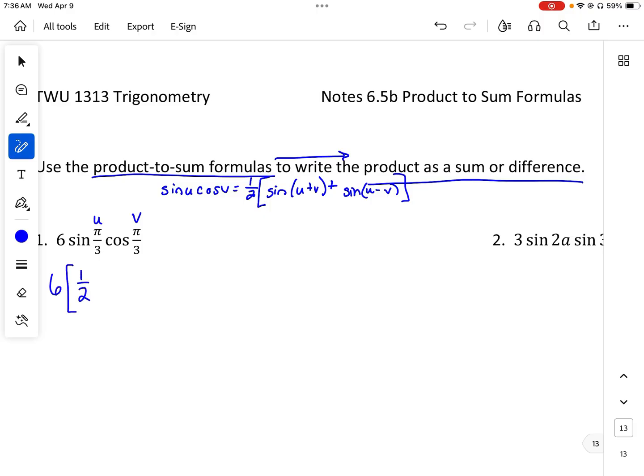So 6 will be here. Then we do the half. So then it'll be like that. Sine of u plus v, which in this case they are the same, so that kind of makes it nice. Then we do plus sine of u minus v.